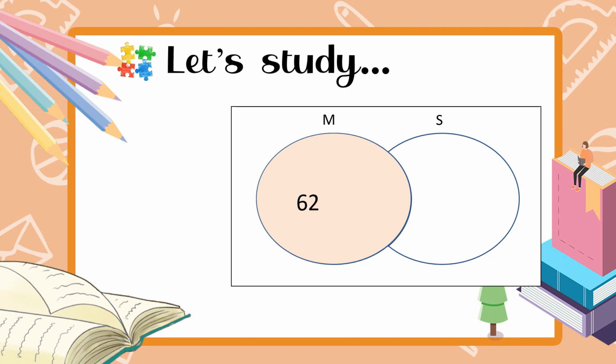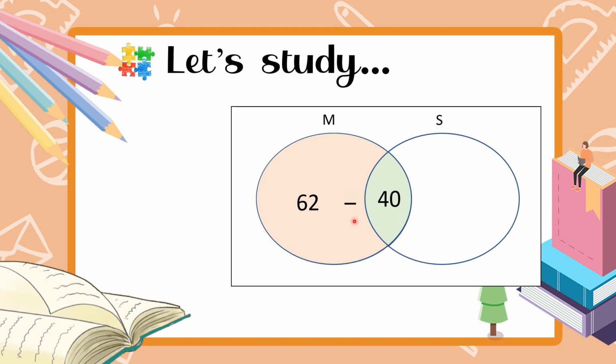So, ilan nga ulit yung kasama sa Math Club? Meron tayong 62. Pero, meron na tayong 40 students na kasama sa Math Club, kasama rin sa Science Club. Eh, ang hinahanap lang natin, yung mga students na kasali lang sa math club. So, we have to subtract 40 kay 62.